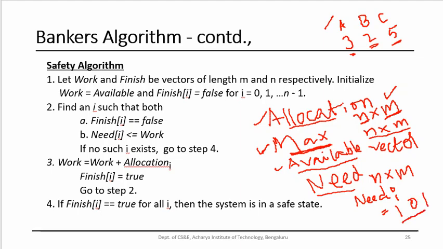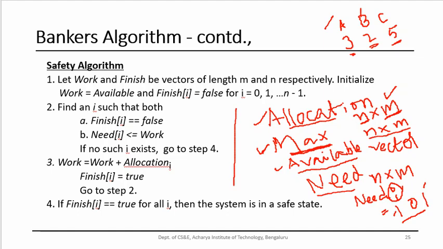This means that to complete the execution of the process I, one more instance of resource type A is required, 0 instances of resource type B are required, and 1 instance of resource type C is required for the process I. So these are the things that we have already discussed in the last class. Let me not rub these things. I will keep them as they are.